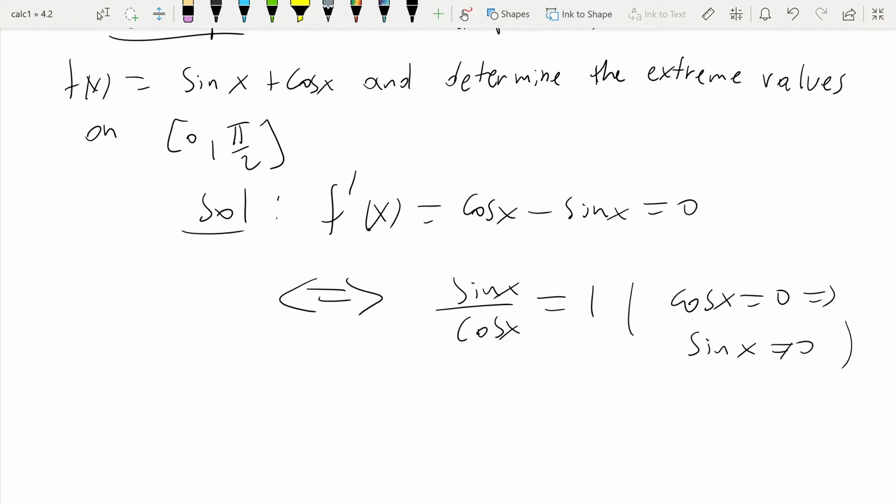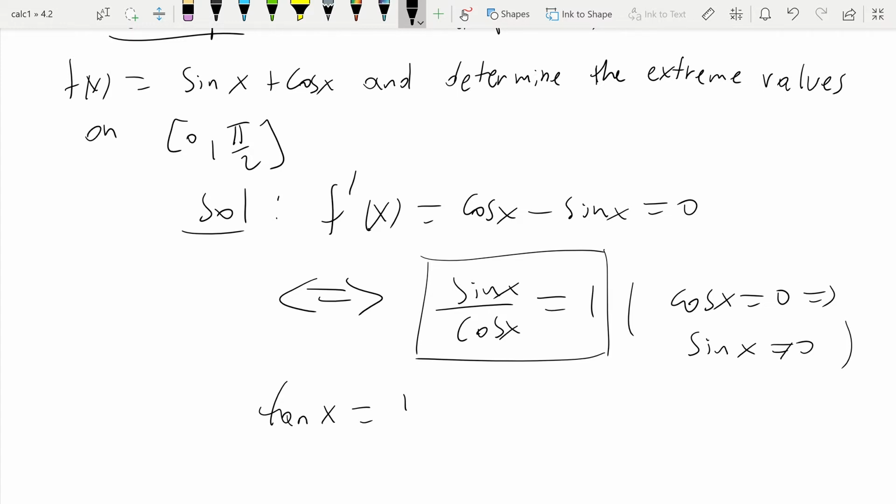So we're allowed to divide by cosine at the points we are looking for. So we move sine to the other side and divide by cosine, and we get that tangent of x is equal to 1.